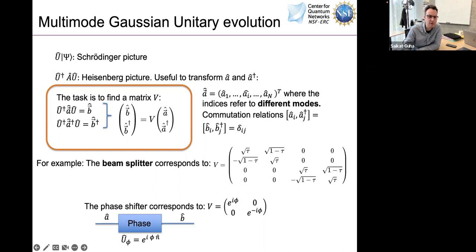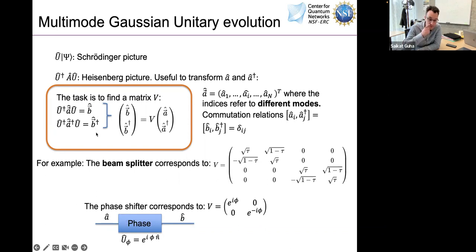In the Heisenberg picture, I apply my Schrödinger unitary on my operator. I do the same thing for the creation operators, and that's how I get a set of output operators, B and B dagger vectors.